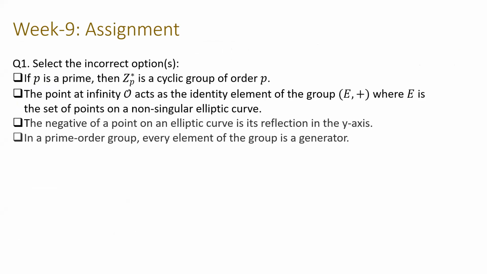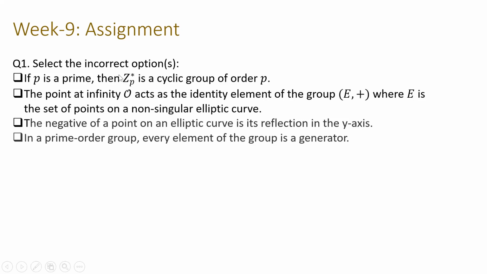If P is prime, then ZP star is a cyclic group of order P. As you know, if P is prime, then ZP star actually excludes the zero element. If you consider the multiplication modulo group, ZP star excludes the element 0, and the rest of the elements are part of the group ZP star.